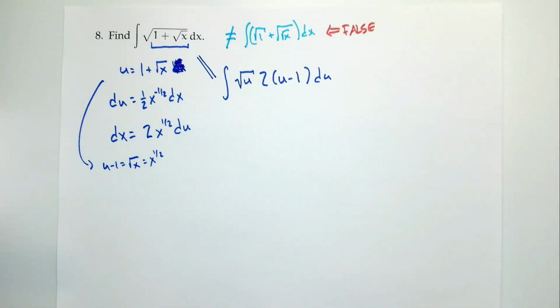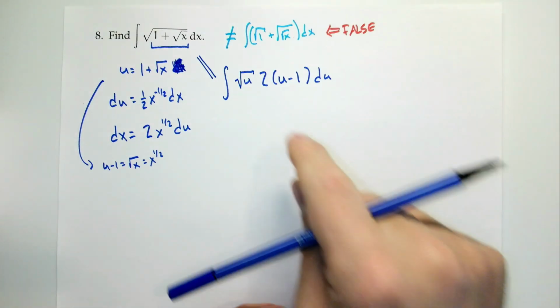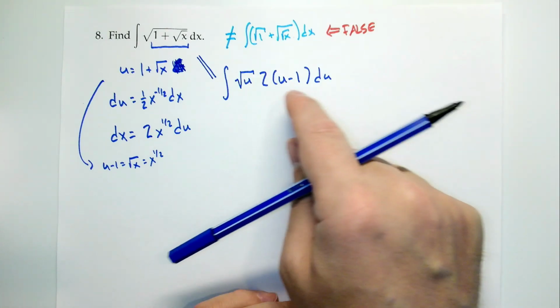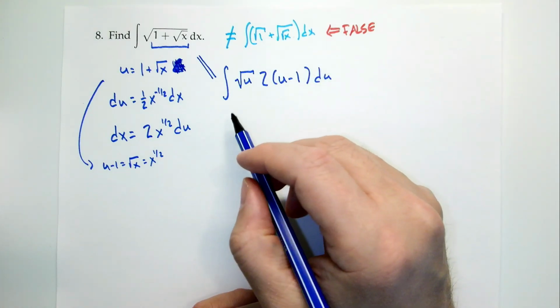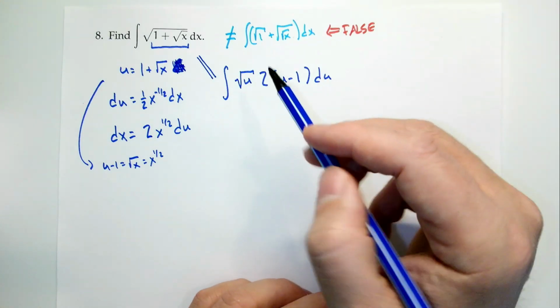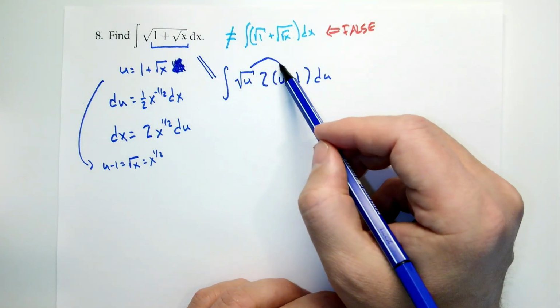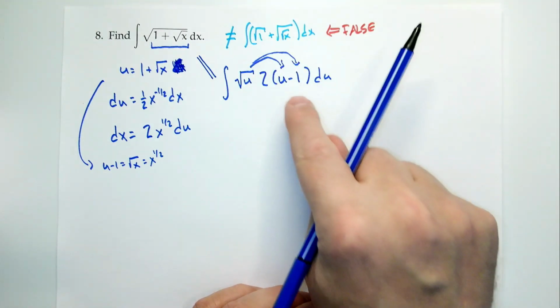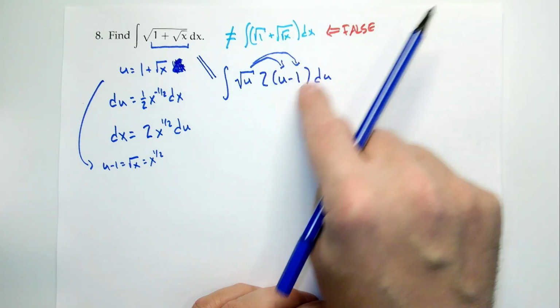Okay, notice we've succeeded and everything is now a u. So that's good. Have we succeeded in that we've made things easier? Well, certainly there's no more pluses in the square roots. That's good. But can we integrate this? Not yet, but it certainly feels closer to something we can integrate. Let's distribute. Now here's some good algebra. We can expand when there's no square root attached here.